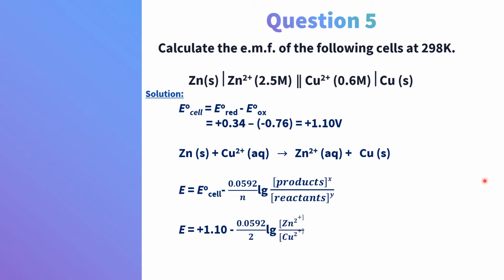So we have E equal to positive 1.10 minus 0.0592 divided by 2 times log concentration of the products divided by reactants. The x and y are 1. So you'll get the final answer.